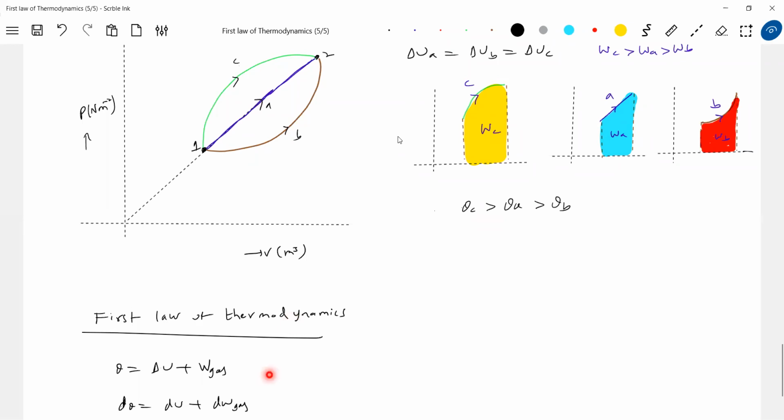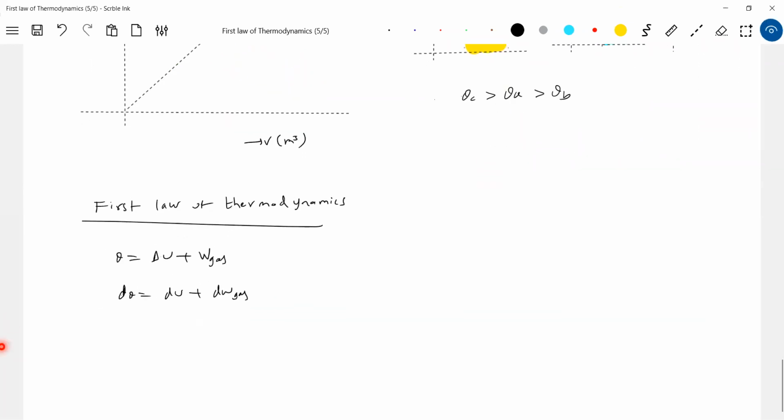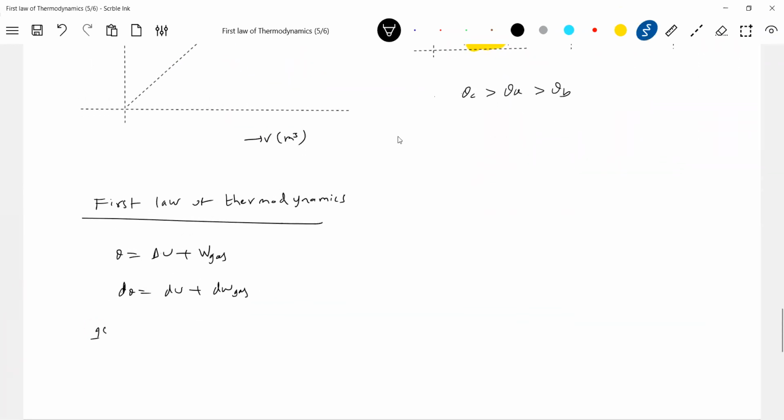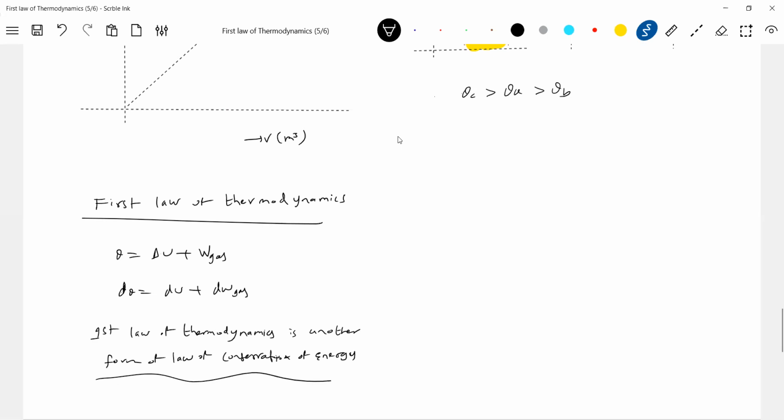I have just introduced the first law. What is the first law of thermodynamics? It is another form of the law of conservation of energy.